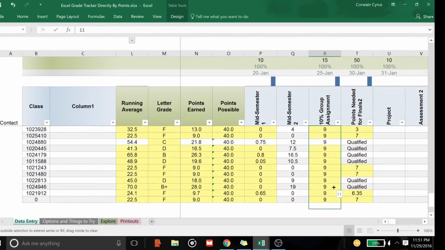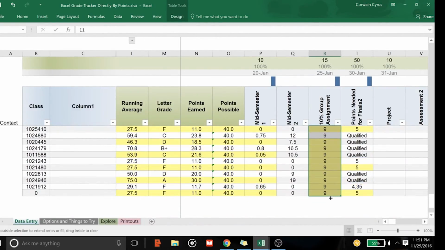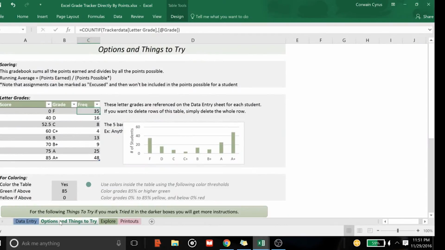Let's see what would happen. The entire class gets 2% extra credit. Finally, the F's, the passes, the A pluses. Now, even with the entire class getting 2%, we still have 35 people failing.